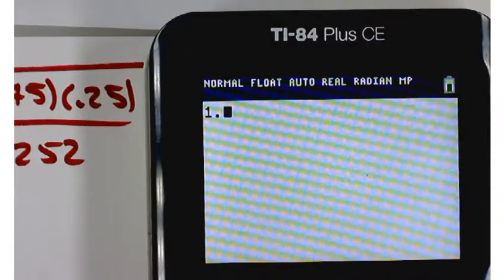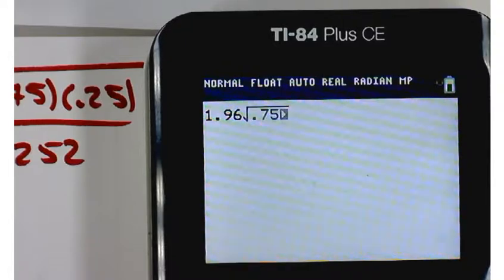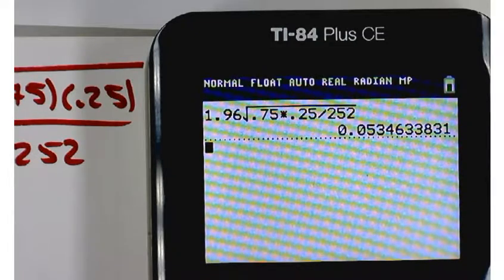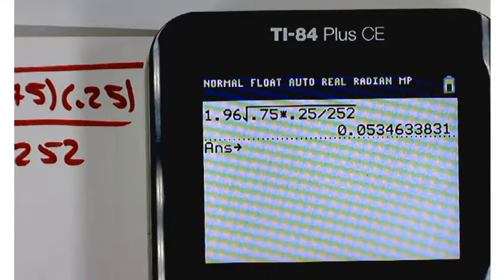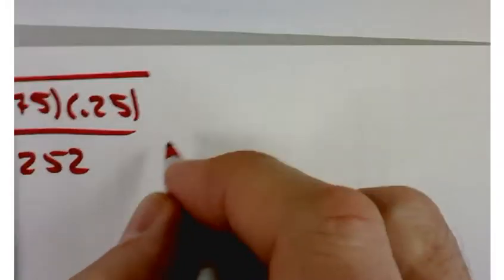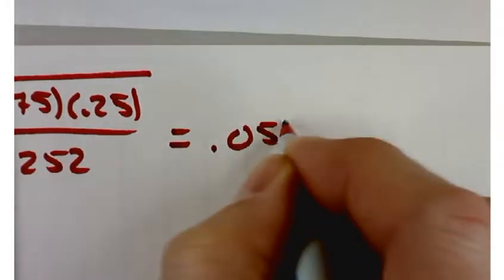So 1.96 times the square root of 0.75 times 0.25 divided by 252. And there we go, 0.0534. I'm just going to store that in x for my convenience. So 0.0534.